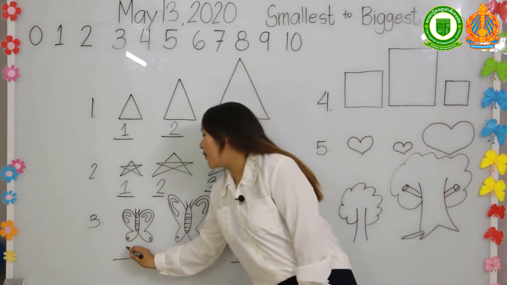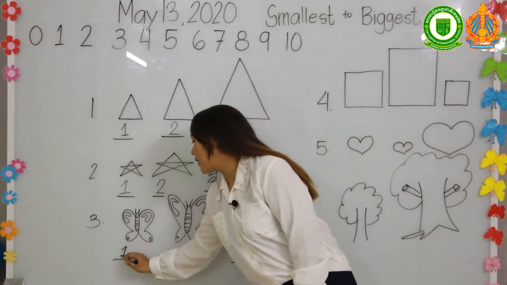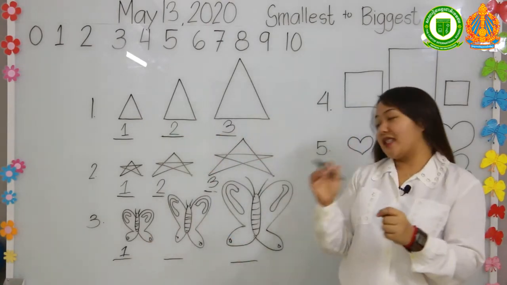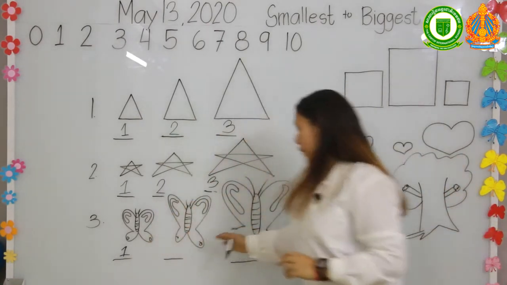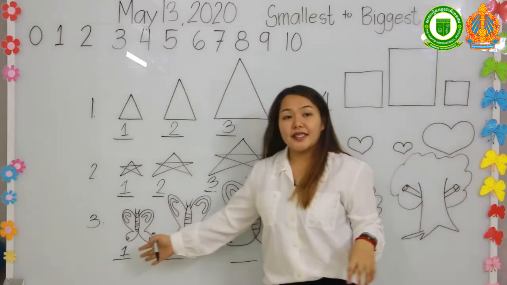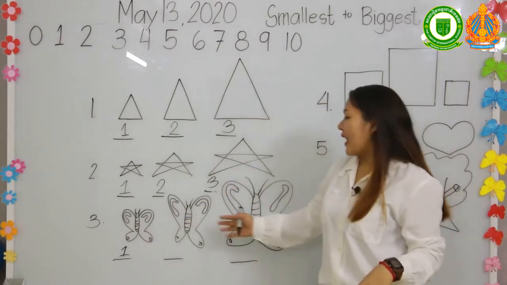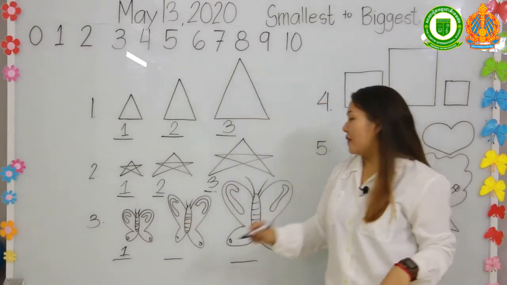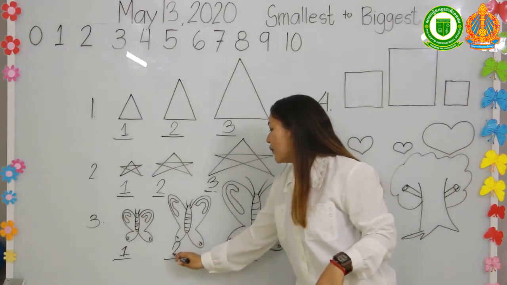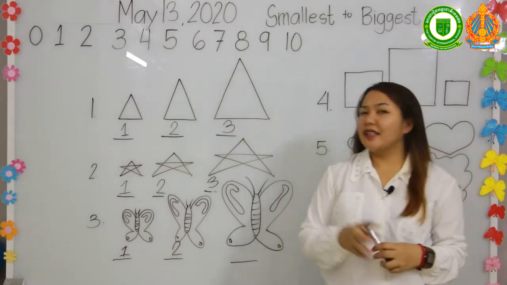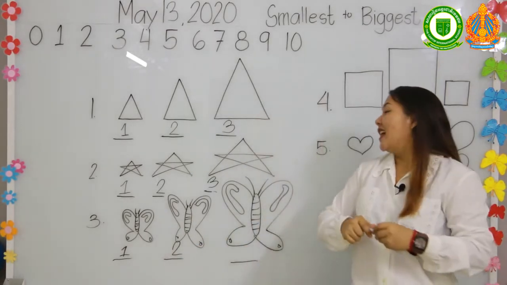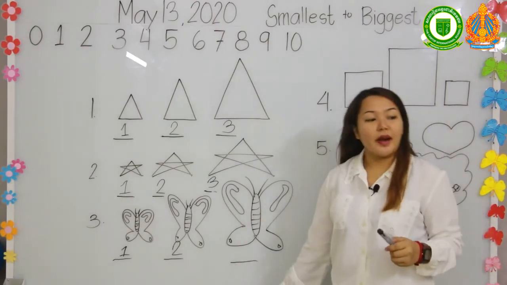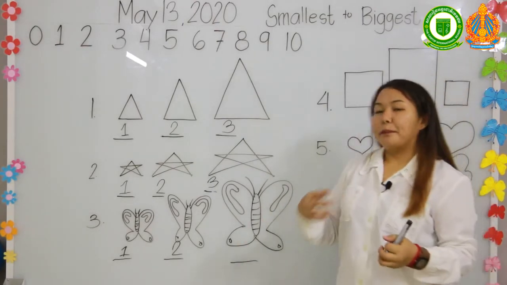This is your smallest. Among these 3 butterflies, this is the smallest. Next is number 2, because this is the next one, which is a little bit bigger than the smallest. And then we reach your biggest.